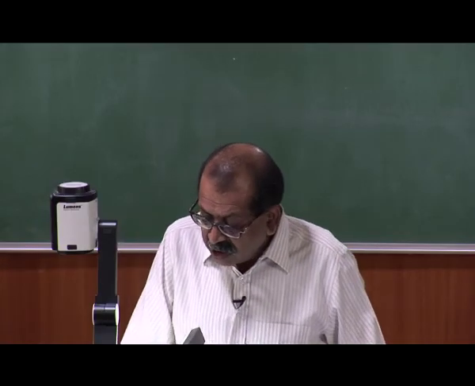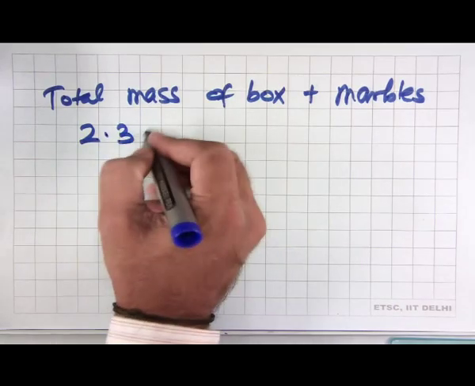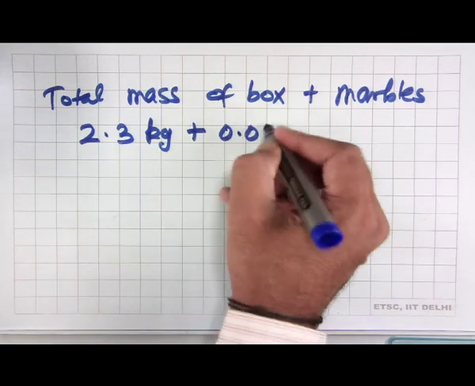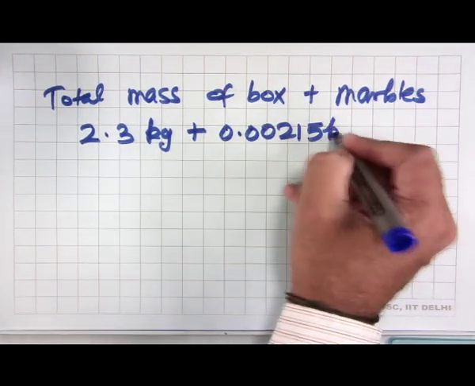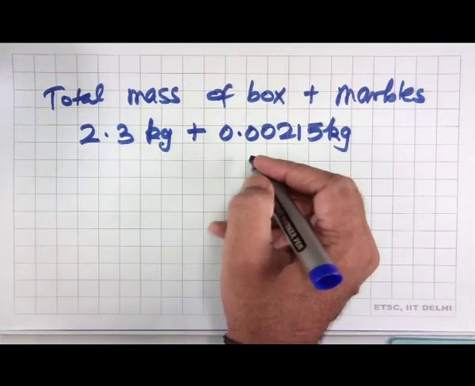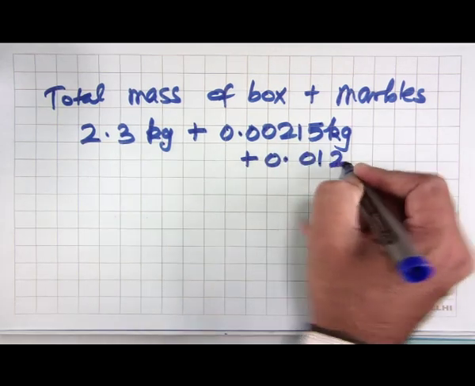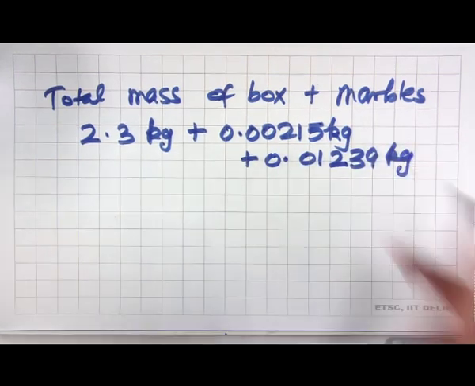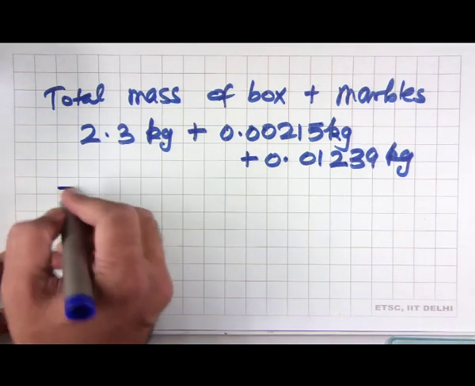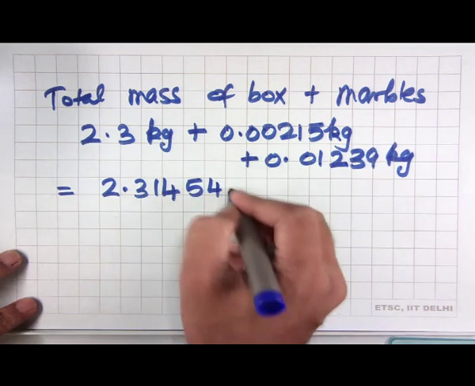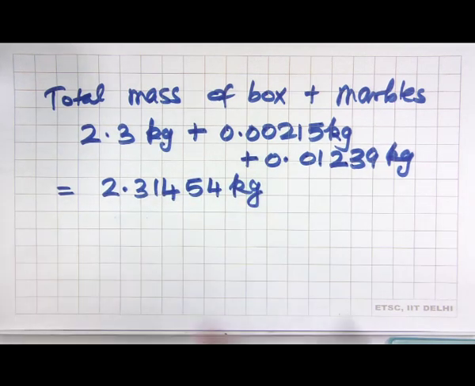So, when we add this, we get 2.3 kg plus 0.00215 kg, and the third one, 12.39 grams, becomes plus 0.01239 kg. When we add all of them, we get our answer as 2.31454 kg. And now we have to work on significant digits.